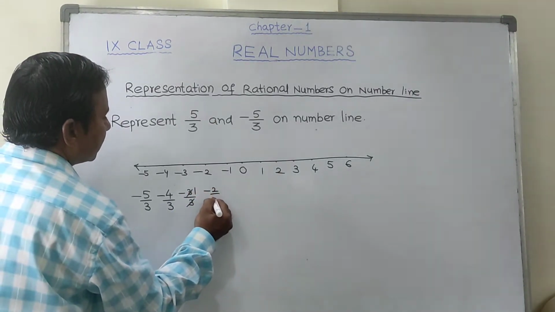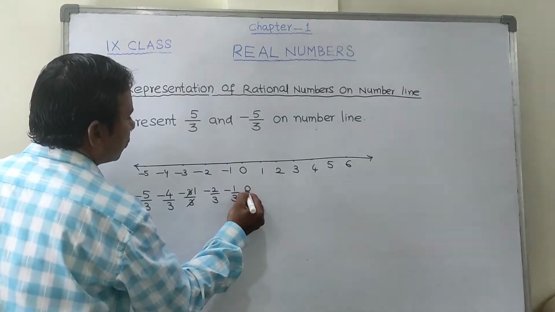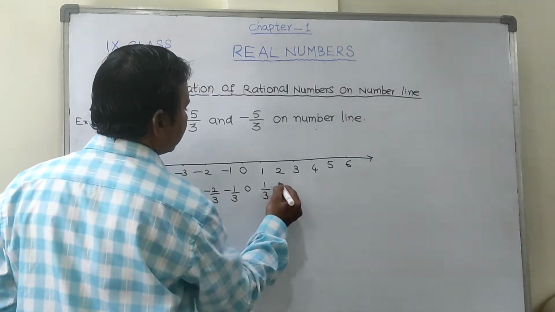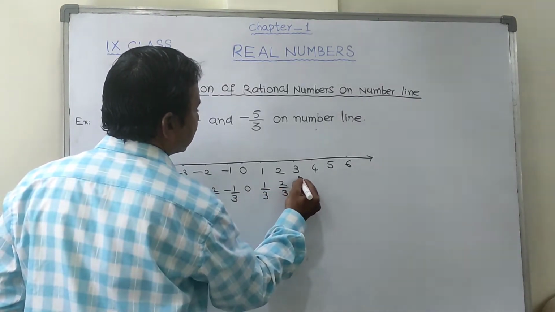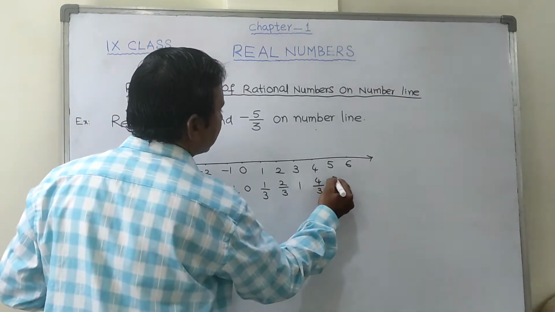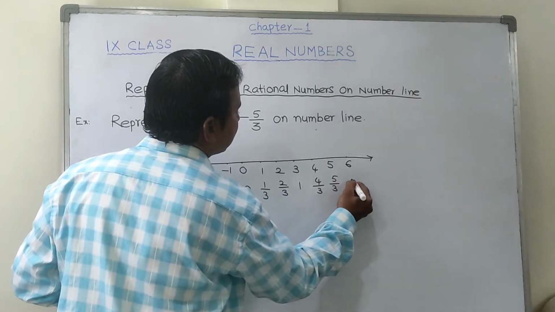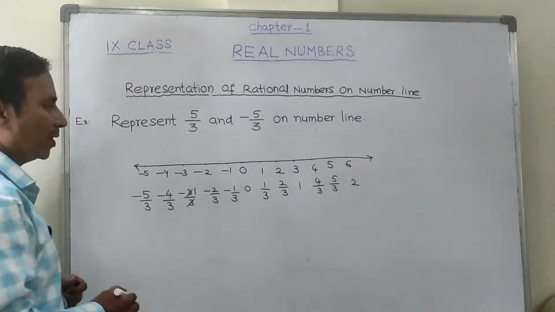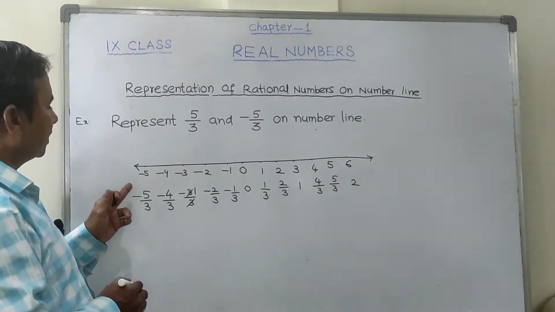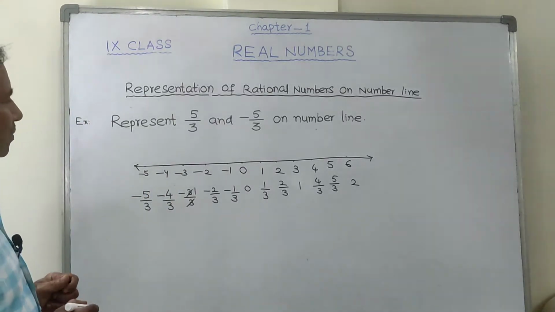Here minus 2 by 3, minus 1 by 3, 0 by 3 means 0. Here 1 by 3, 2 by 3, 3 by 3 means 1. Here it becomes 4 by 3, 5 by 3, and 6 by 3 becomes 2. Like that we get each number on the number line after dividing by 3.